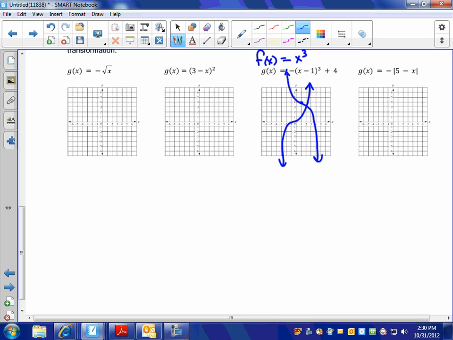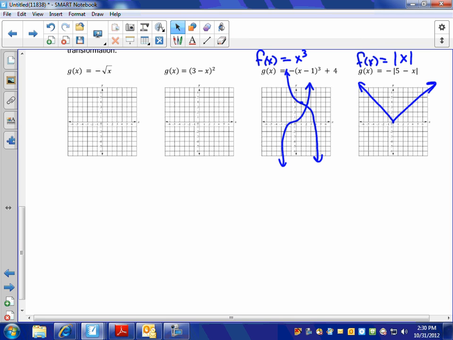And the last one, what's the parent function? Absolute value of x. Looks like that. And what are the transformations here? Okay, it flips. Is it 5 to the right, 5 to the left?